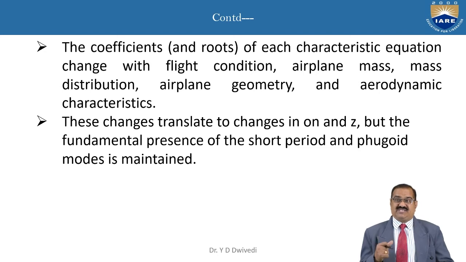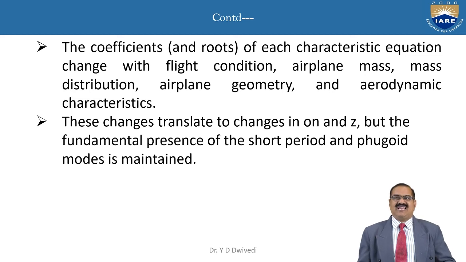So these coefficients will change as per the aircraft mass and mass distribution, that is, how the fuel tank, the bombs, the passengers and the equipment are placed inside the aircraft. As per that, all the coefficients will vary, and we can find out whether the aircraft is stable or not.